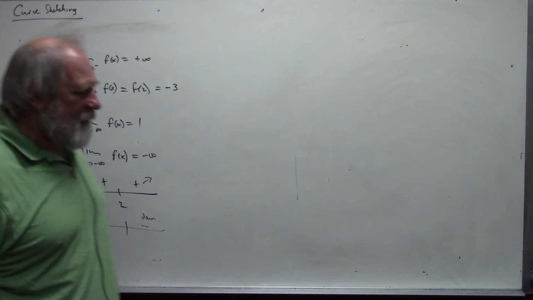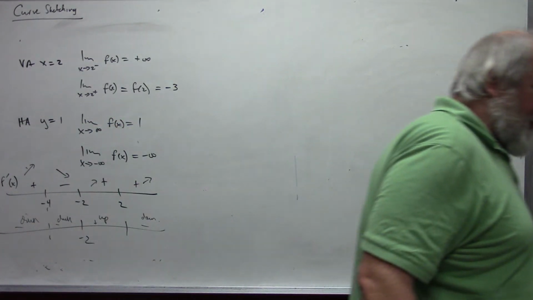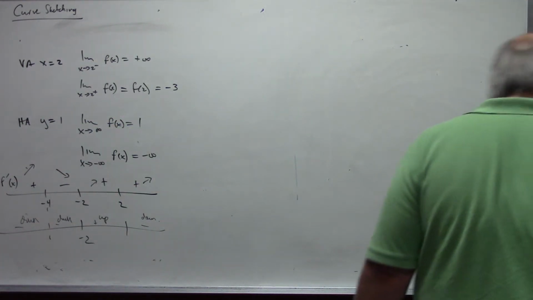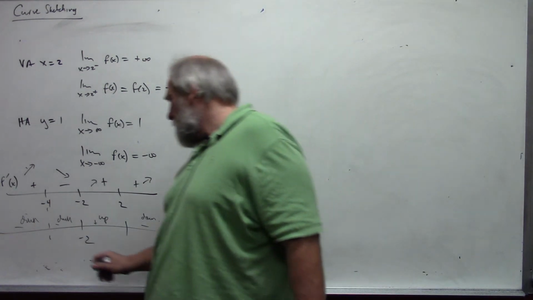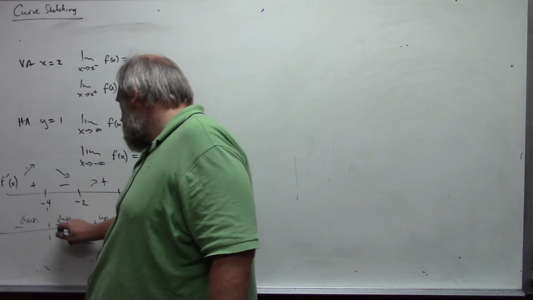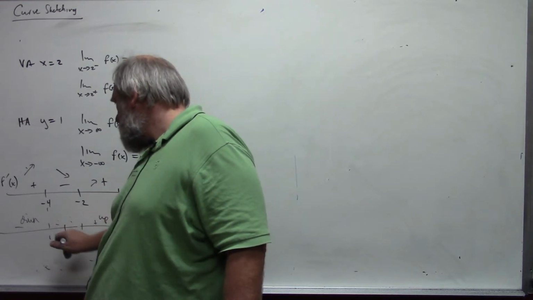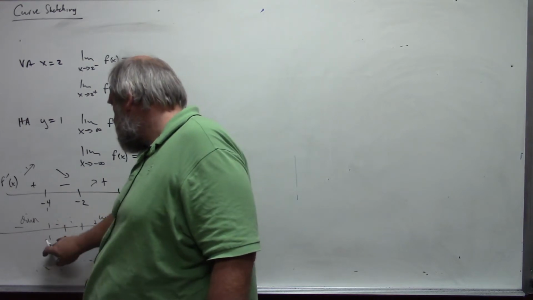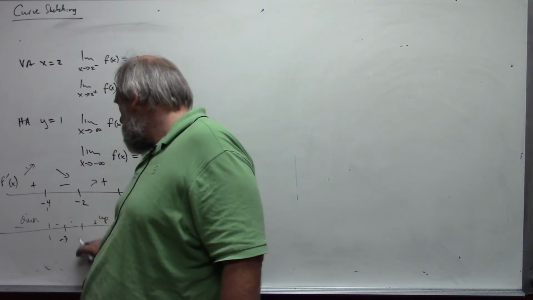And let's see what kind of picture we get. Oops, it should have been negative 3. I can't read my writing. Sorry, let me fix this, from negative 3. Should be up.